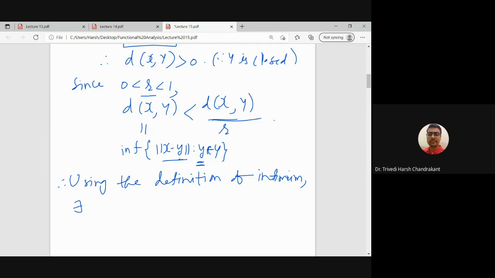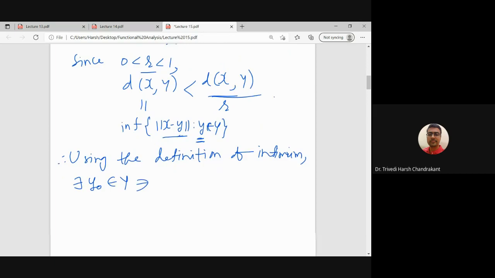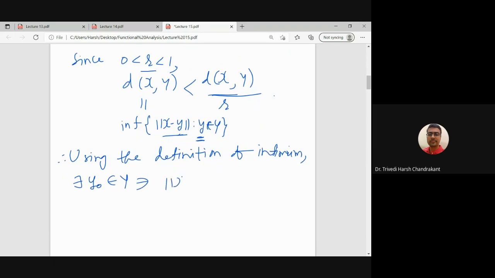So therefore we are denoting this element as y naught, but later on we will say it depends on r. So there exists y naught in Y such that norm of x minus y naught is less than distance of x with Y by r.